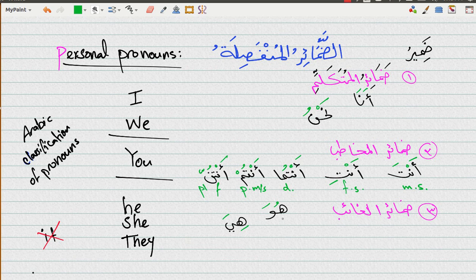They, we have 3 words for they, because we have the dual form and we have the plural form, but one time for all feminine and one time for mixed or all males. هما, هم, هن.